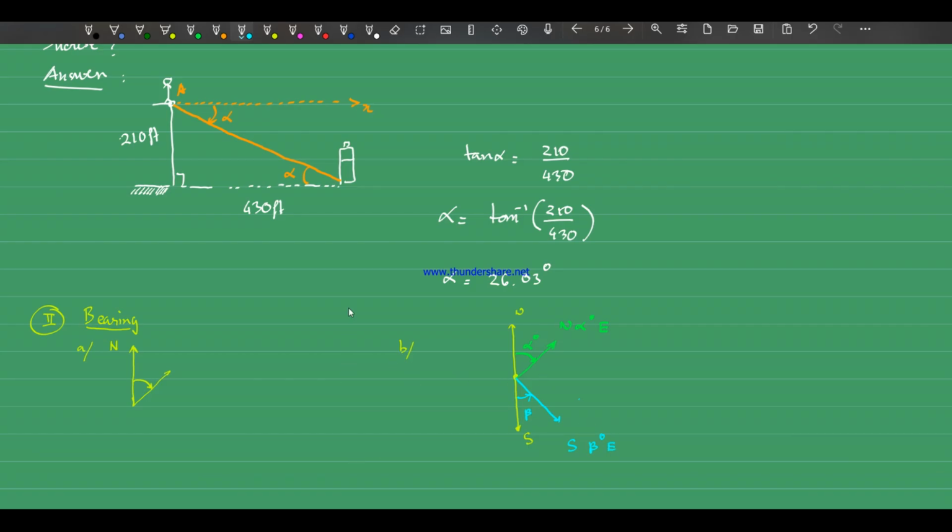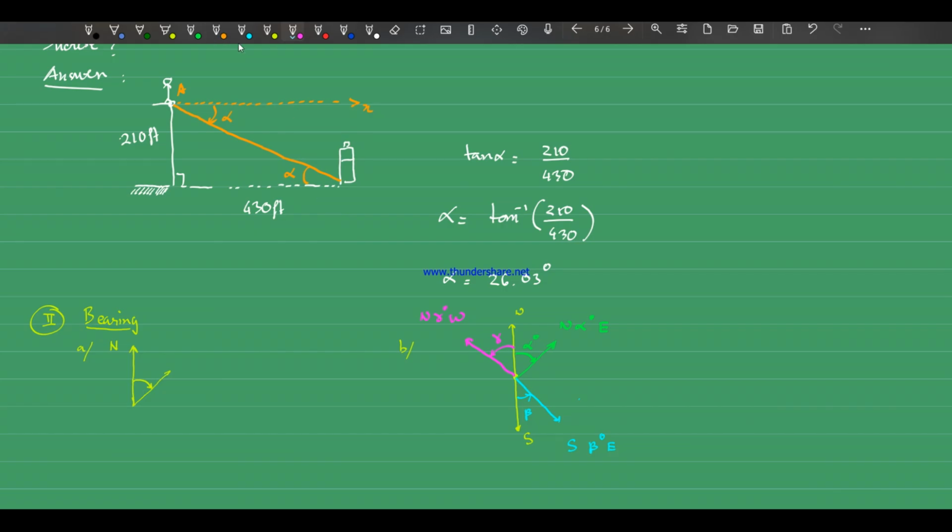Or I could go this way too. I can say north gamma degrees west.